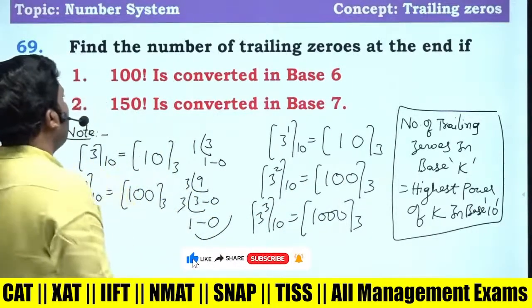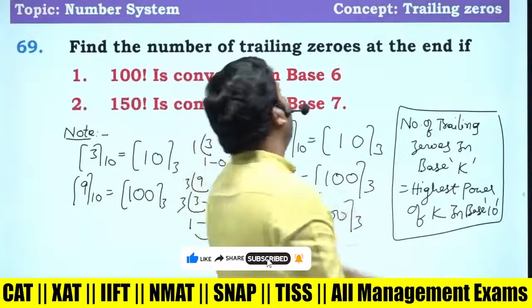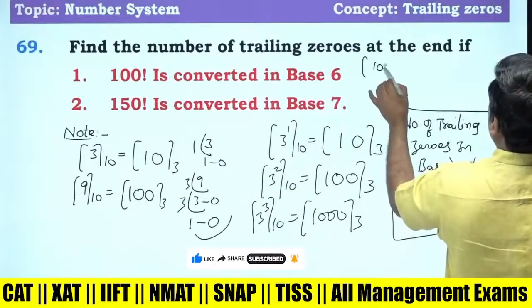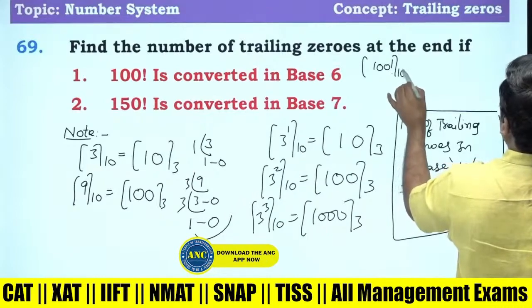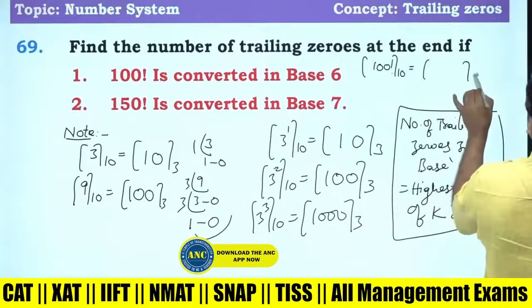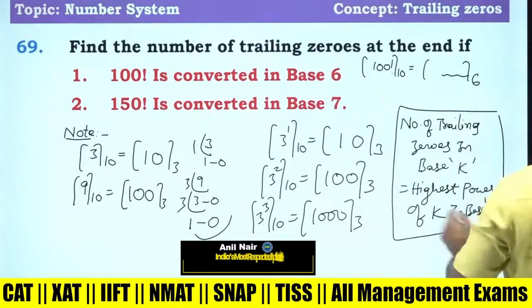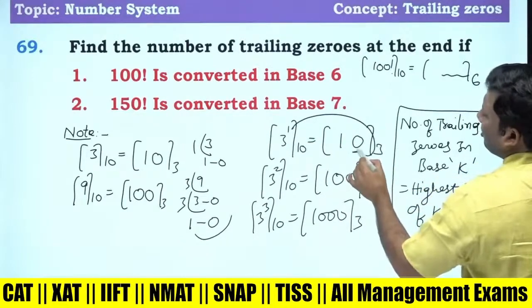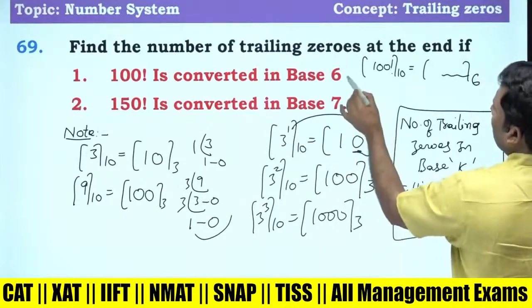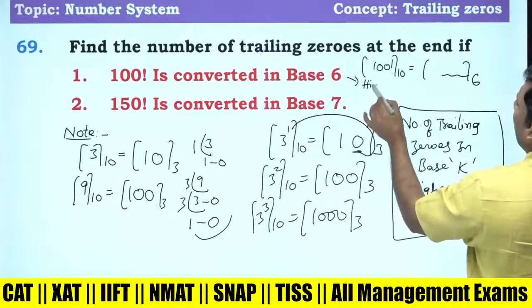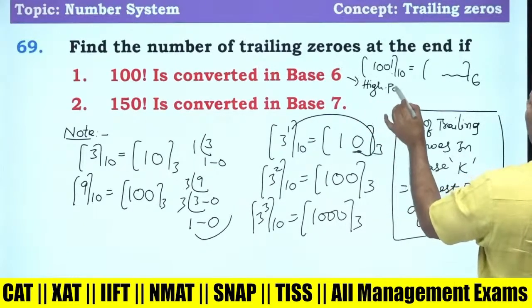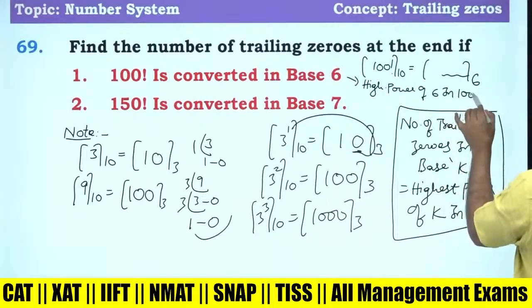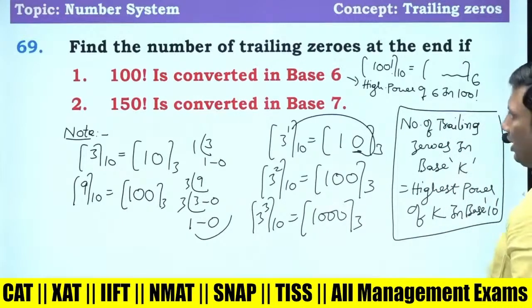Now, the question is, find the number of trailing zeros if 100 factorial in base system 10 is converted into base system 6. So this question is equivalent to finding the highest power of 6 in 100 factorial.